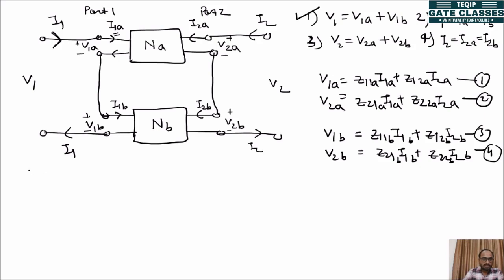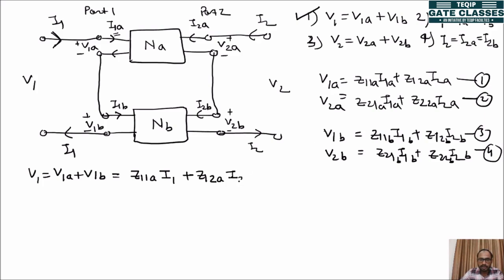Now take this first equation, the first condition. From the first condition, V1 is equal to V1A plus V1B. Take V1A and V1B from here, and you can write Z11A I1A, and I1A is equal to I1, so we need not write I1A here, just write I1, plus Z12A I2, since I2A is again equal to I2.